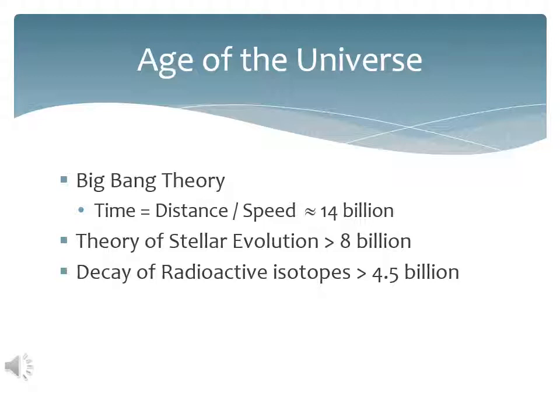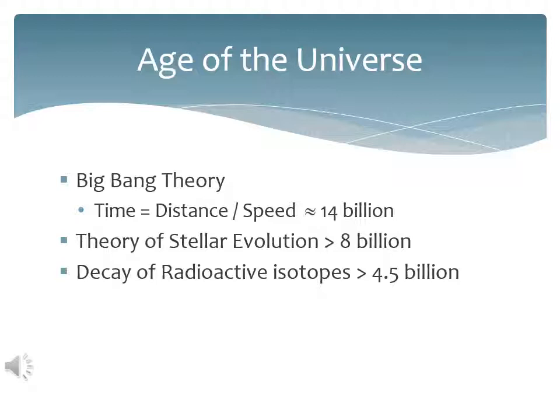Likewise, decay of radioactive isotopes. We take long-lived isotopes like uranium and look at how long they've been decaying. And this is how we figured out the age of the Earth. We figured out the age of the Earth's got to be somewhere in the neighborhood of about 4.5 billion years. Well, this automatically tells you that the universe itself has got to be greater than 4.5 billion years old.